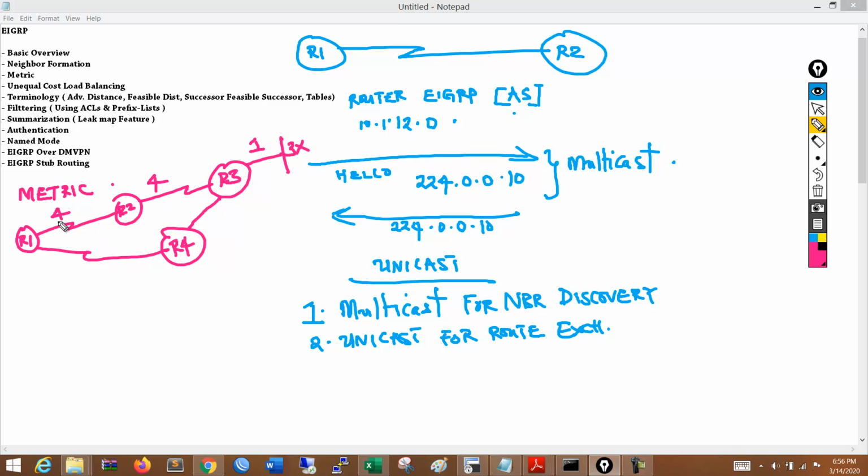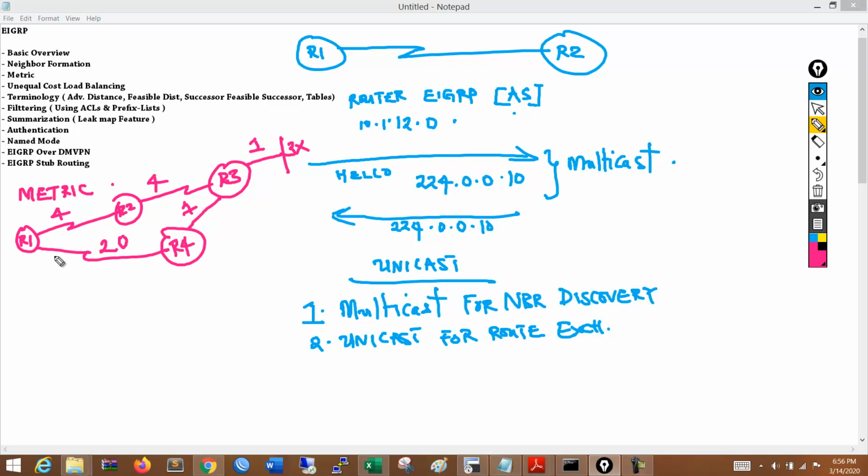For EIGRP, these metric values are actually very large, because of how EIGRP compares its metric. So let's also say that this link is 2 and this is 1. Or let's actually make this link the worst link.